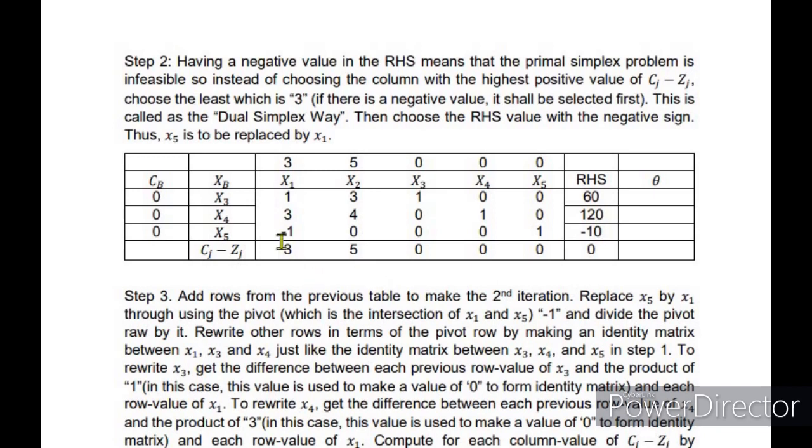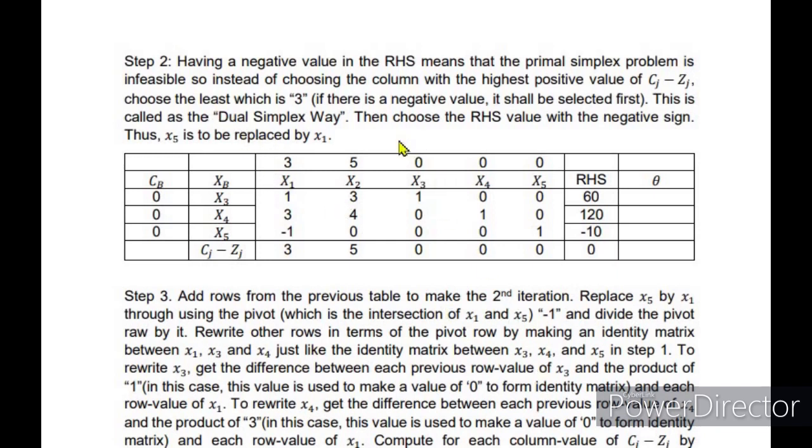You will choose the lowest positive here. Okay? So if there is a negative value, it shall be selected first. Okay? So if there is a negative value here in the Cj minus Zj, it should be selected here. Okay? So this is called the dual simplex way. So this way of solving the simplex is called the dual simplex.